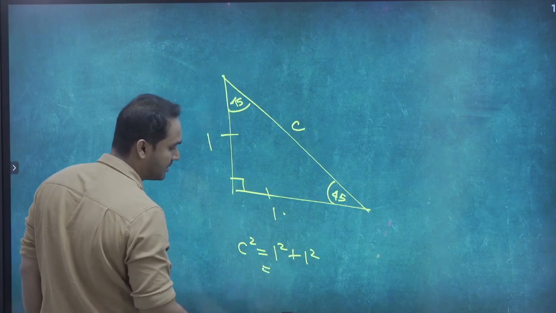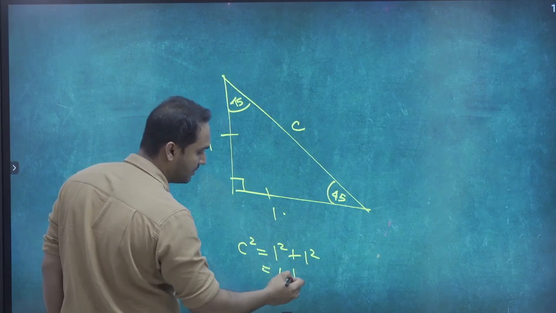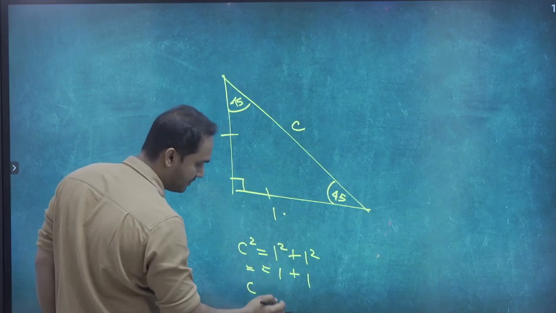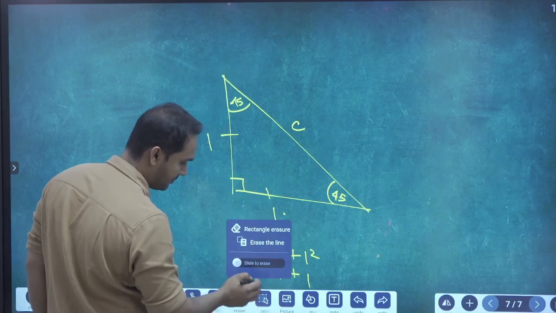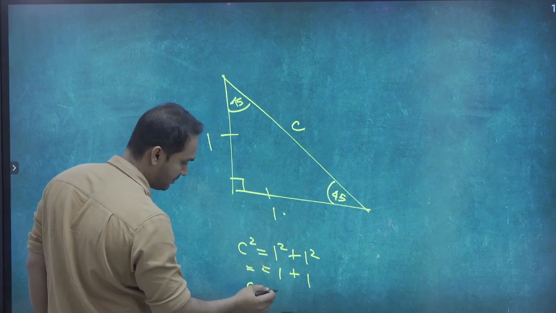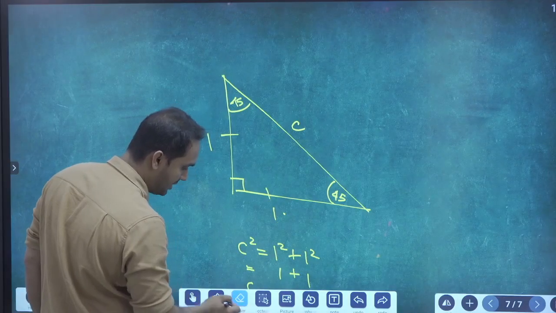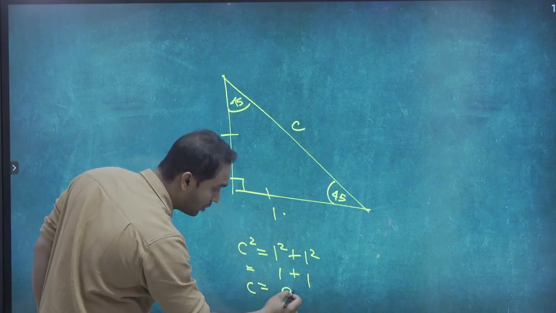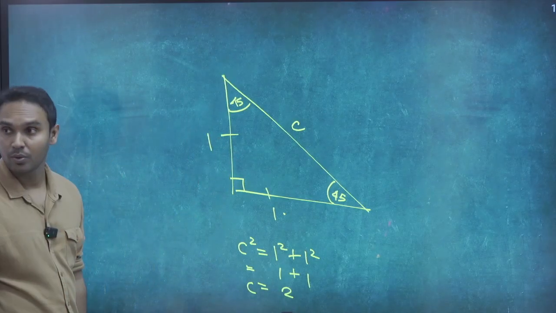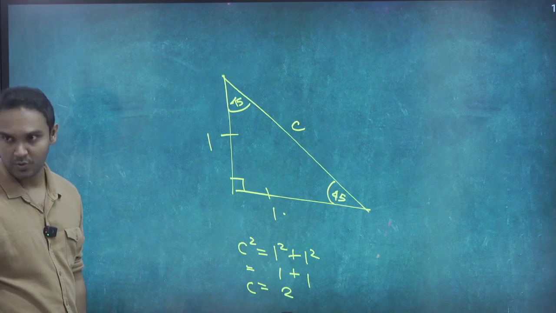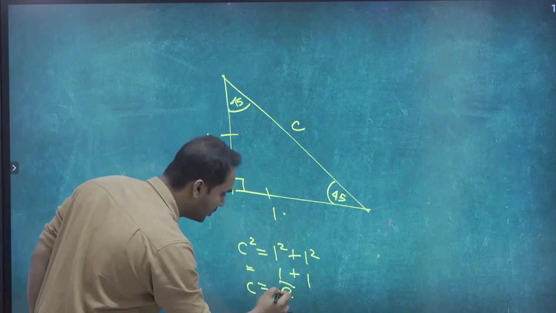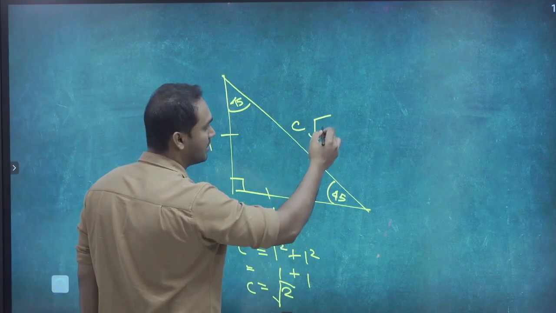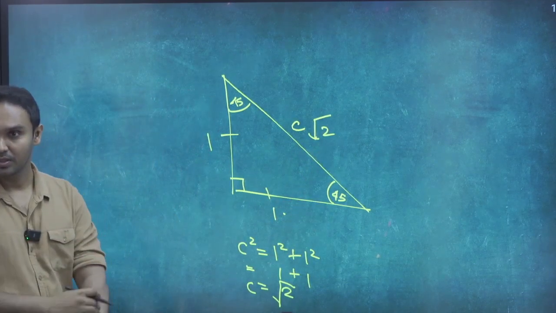That will be how much? 1 squared is 1. So c squared should be equal to 2. So now here the value of c is √2.